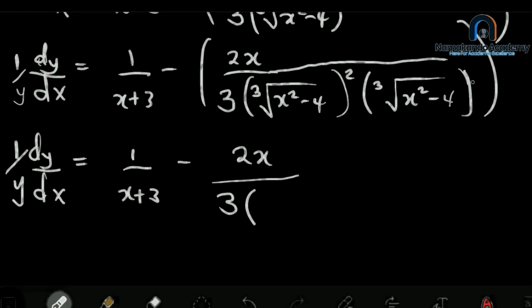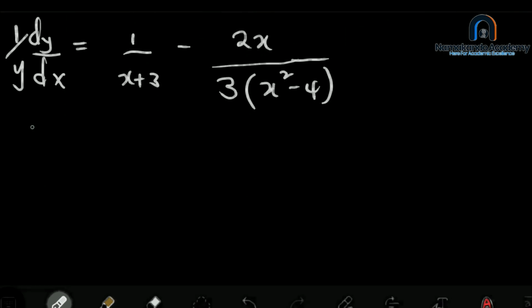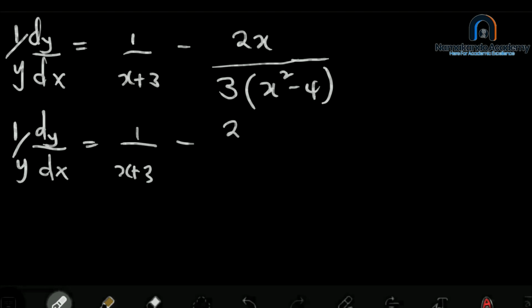So this will be 2 plus 1, which gives us 3, and this will therefore mean that the cube roots will cancel, and in brackets we'll be left with x squared minus 4. So we keep on writing our left hand side, 1 over x plus 3 minus 2x over, so we expand this, 3 multiplies with everything inside brackets, so you get 3x squared minus 12.